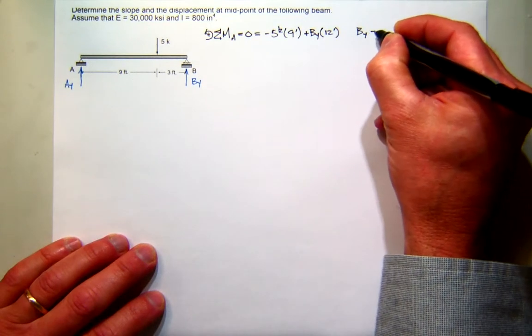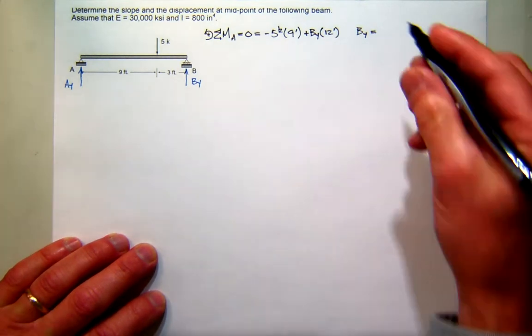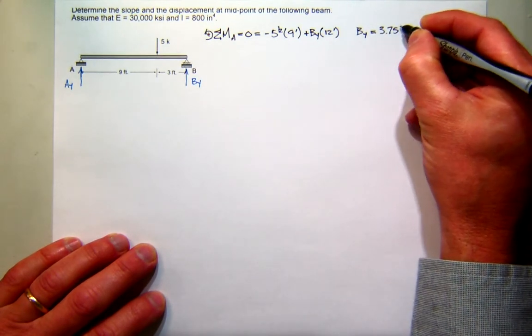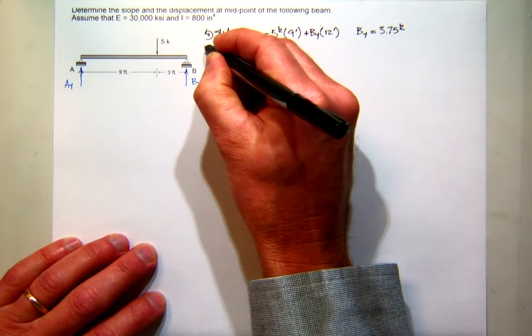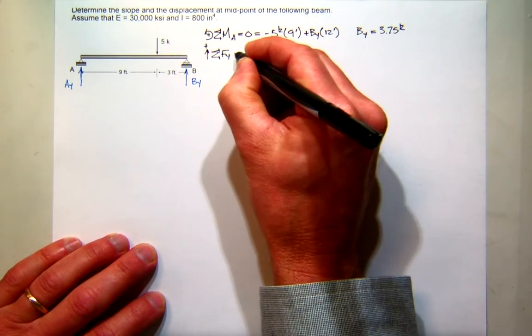So what's BY? 45 divided by 12? What's that? 3.75. So 3.75 kips. And then I'll sum forces in the y direction.